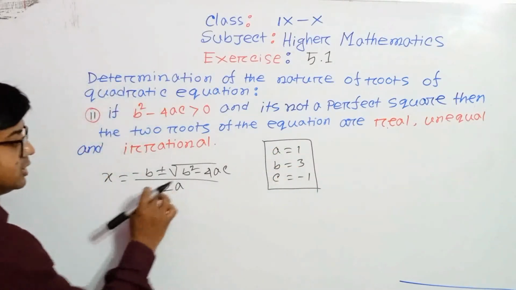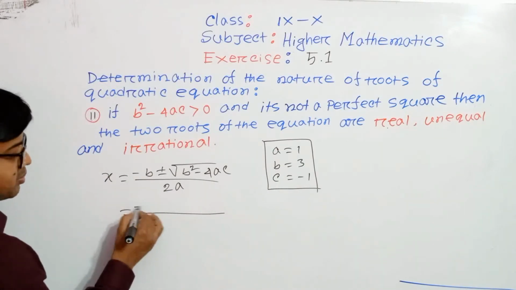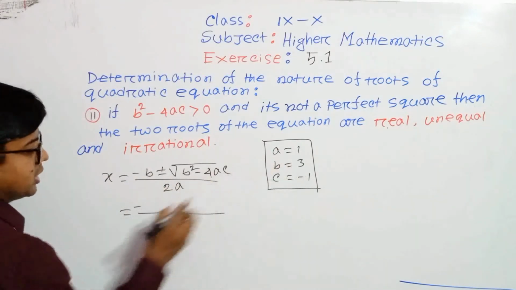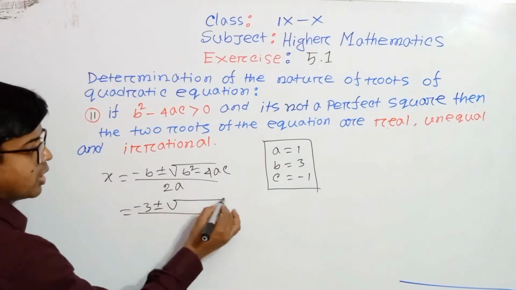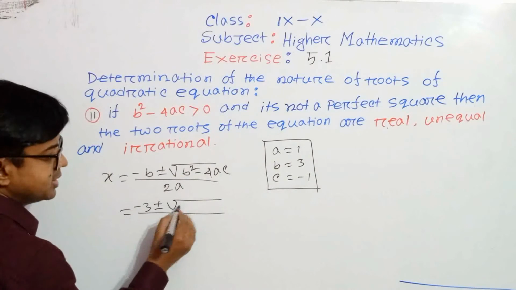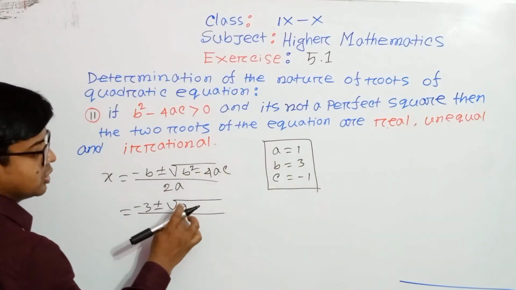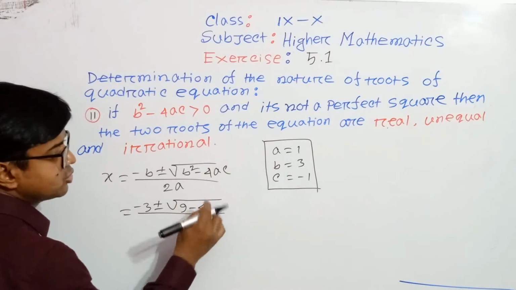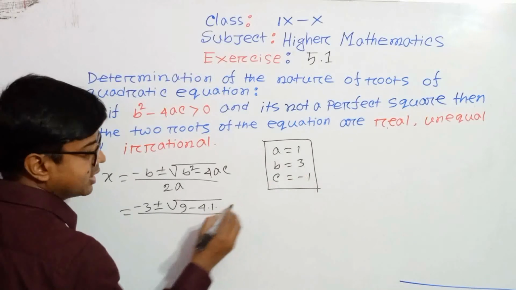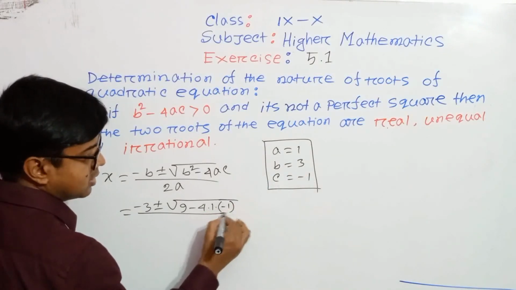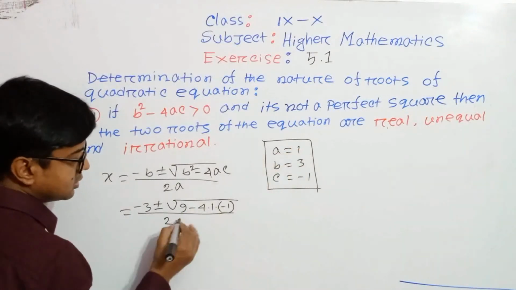Now putting these values in this equation, minus b equals minus 3, plus or minus square root of b square, which means 3 square, that is 9, minus 4 into a into c, that is 1 into minus 1, divided by 2 into a, which is 1.